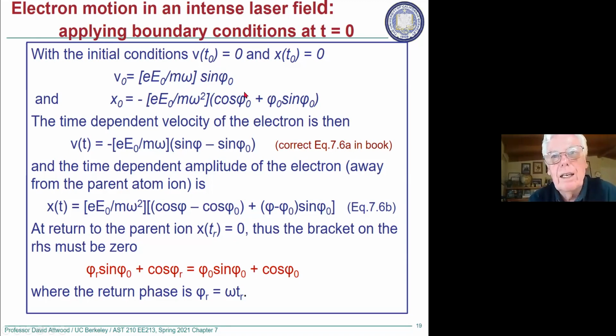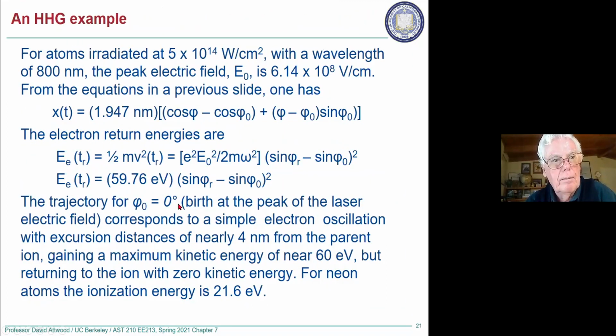And we're going to calculate and find what is the amplitude of oscillation. So this would be the maximum excursion distance, okay? And we're going to wind up with this equation, and it has to be solved numerically. But for instance, here's an example, we can just look at the example without going through it.